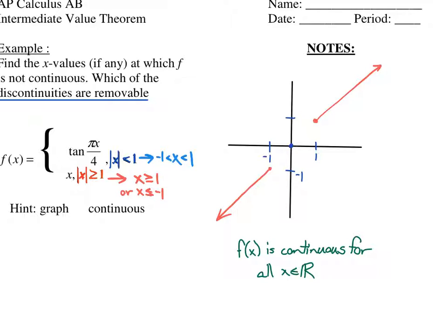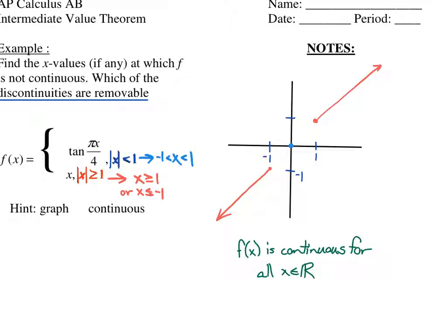So now we've got the tangent that we need to work with. Graphing the tangent, you guys know that it starts at the origin, and that first period is centered at the origin as long as it's not moved horizontally, and this one's not. What does this pi over 4 inside the tangent do? What kind of a transformation is this?